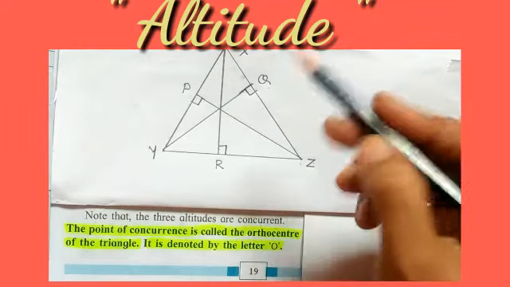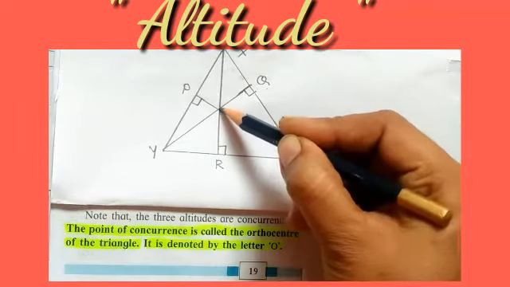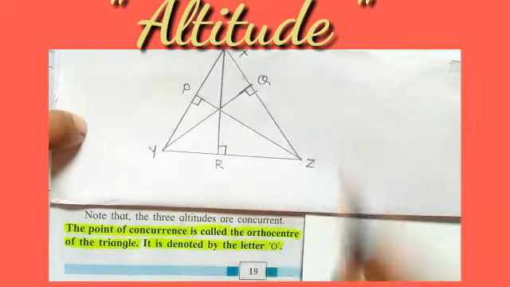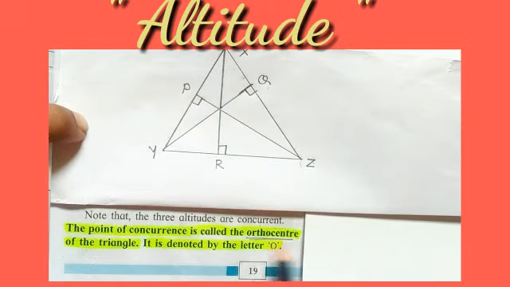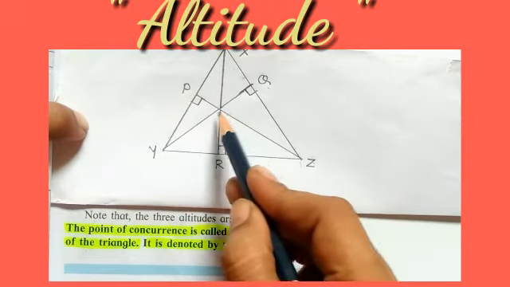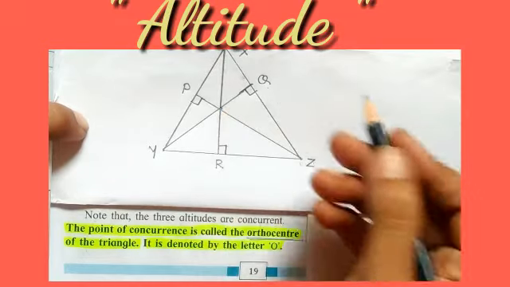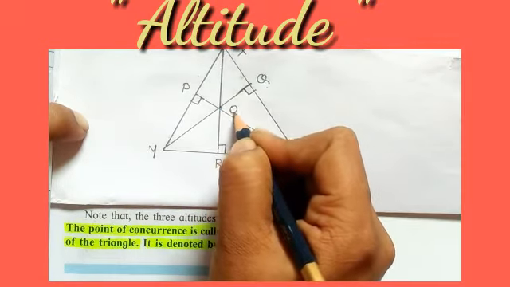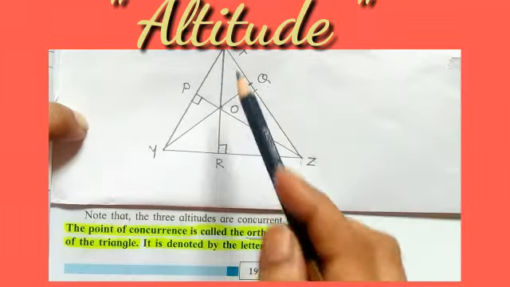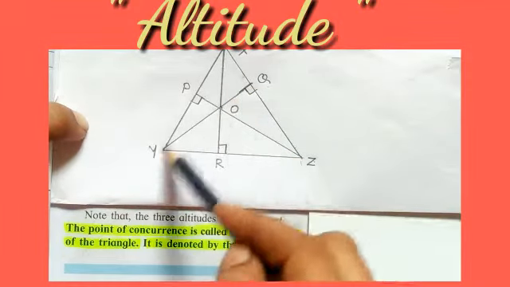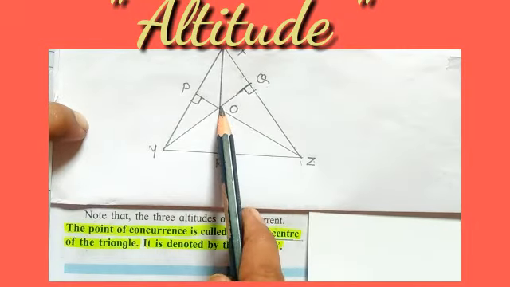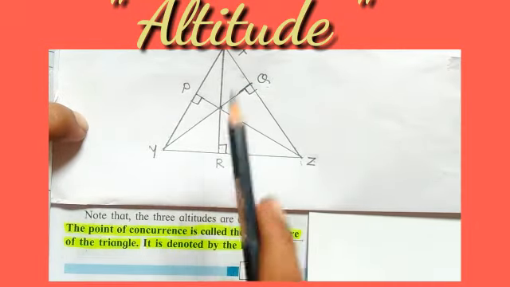And this is the point of concurrence, which is called the orthocenter of the triangle, which is always indicated with the letter O. So the point of concurrence of all three altitudes of the triangle is called the orthocenter, which is indicated with the letter O only.